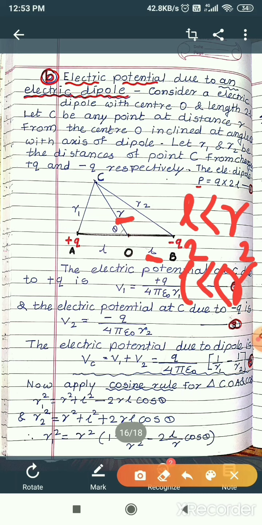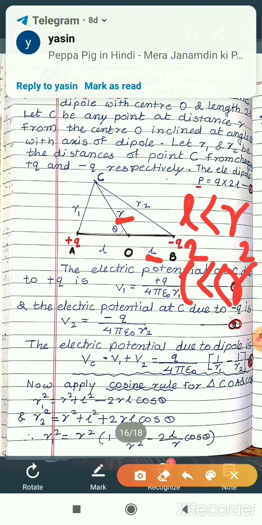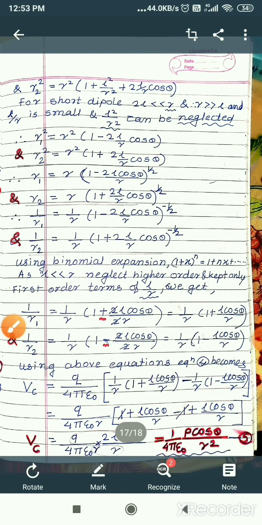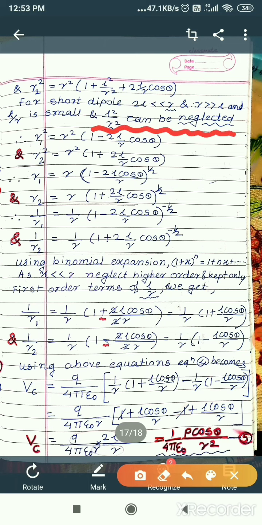Therefore, we neglect the l square upon r square terms from the above equations.